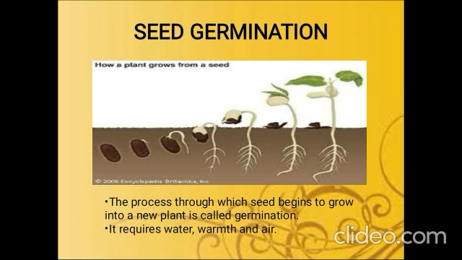The baby plant is present inside the embryo, from which the shoot will come out. It requires water, warmth and air to grow into a healthy plant or tree. So this is reproduction by seeds.